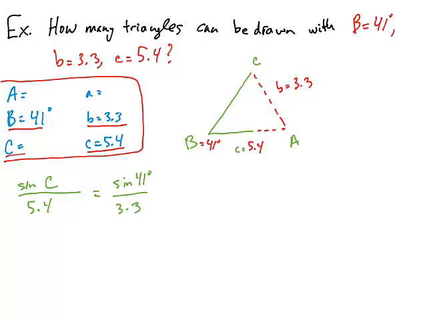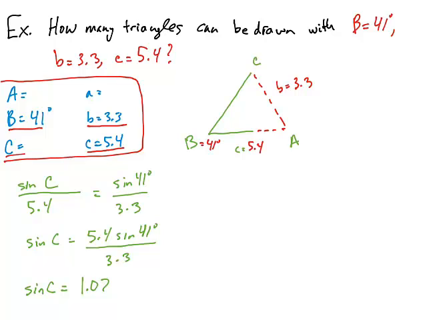Alright, so we need to solve for angle C here. I'm going to multiply both sides by 5.4. We get sine of C is equal to 5.4 sine of 41 degrees divided by 3.3. Now I'm going to calculate the right-hand side first. I get sine of angle C is equal to 1.07.